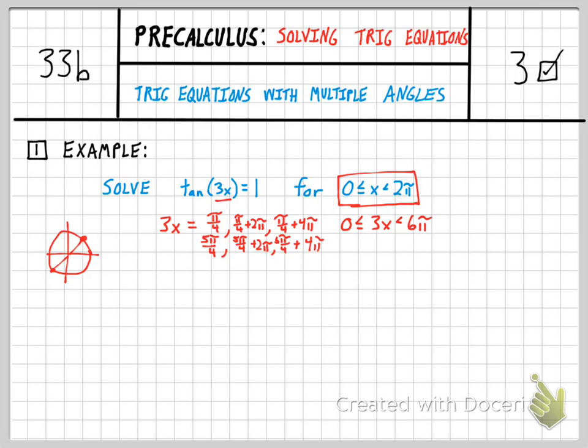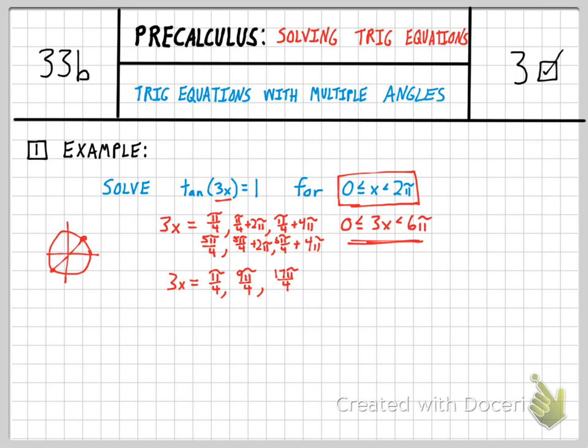And if I simplify those answers, here's what my solution to 3x would be. Pi over 4. When I take pi over 4 and add 2 pi, which is 8 pi over 4, that gives me 9 pi over 4. And then 4 pi is 16 pi over 4, so this one would be 17 pi over 4. All three of those answers are still within the 0 to 6 pi window.